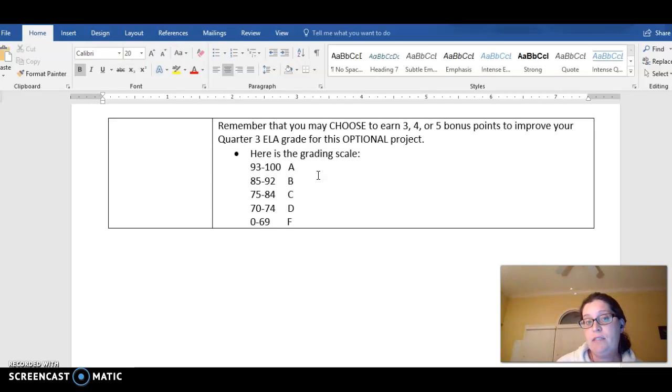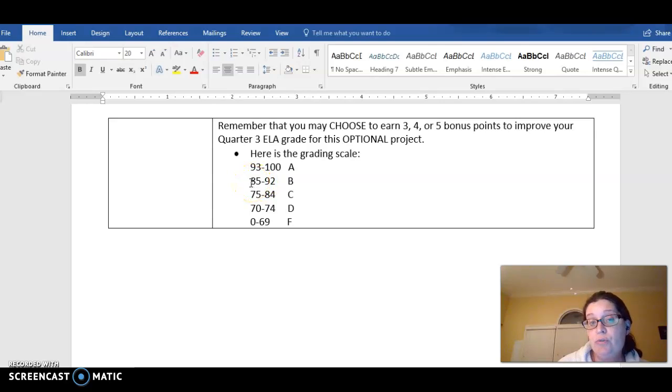Let's say that you have a grade right now of an 80, for example. Right now, that would be a C right here, because 75 to 84 is a C. But you want to be able to get a B. Well, you only need 5 points to get yourself to a B.